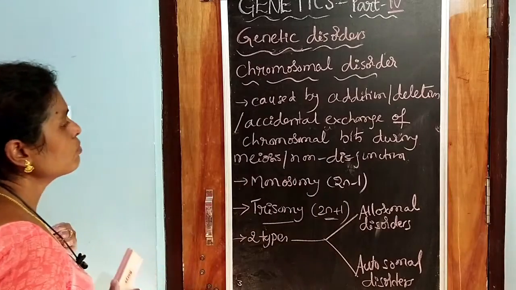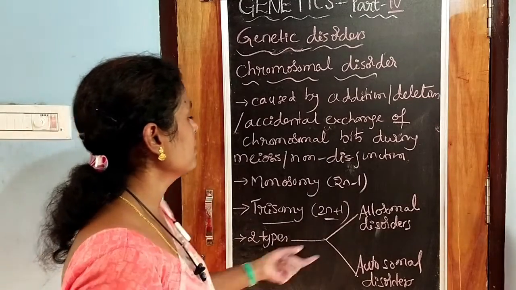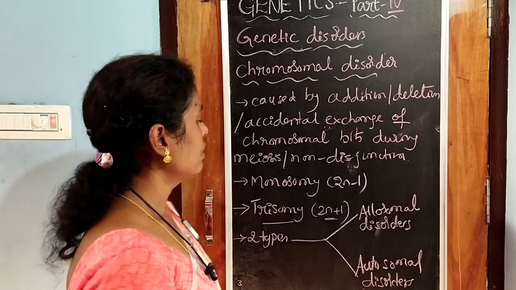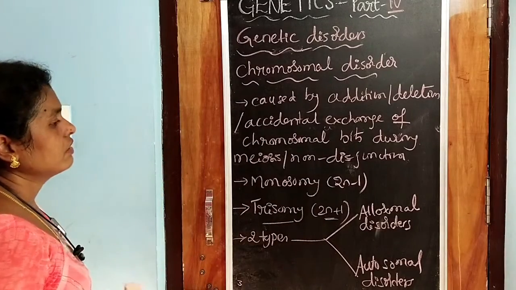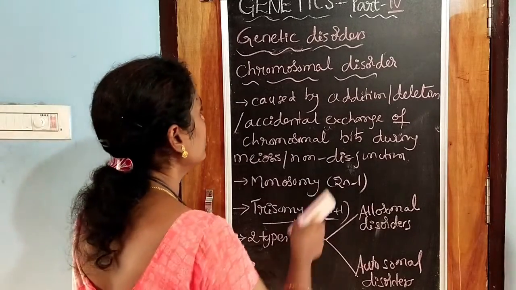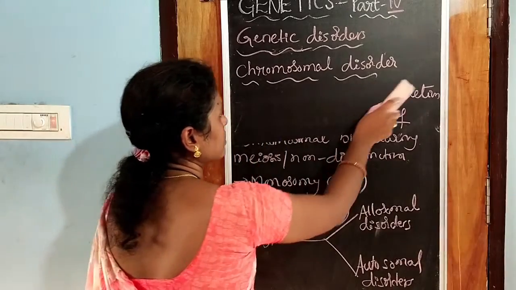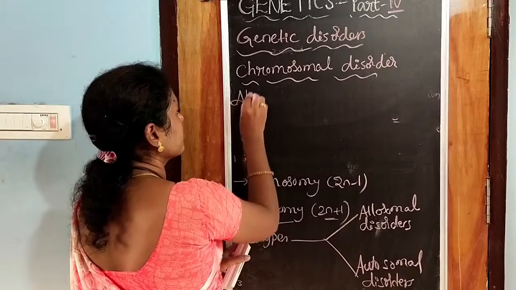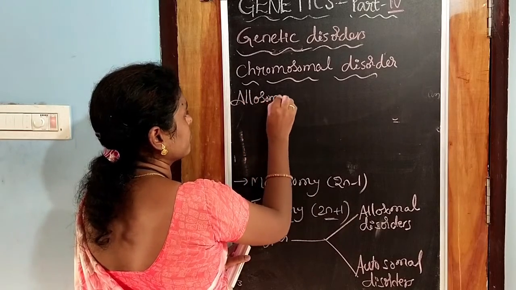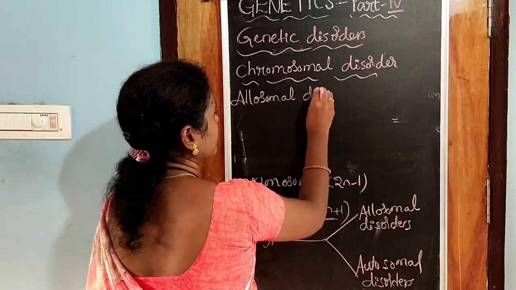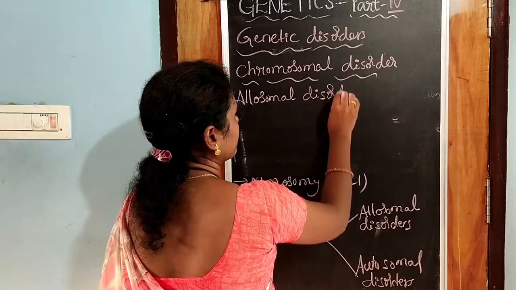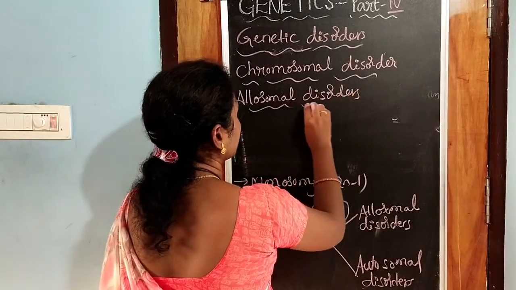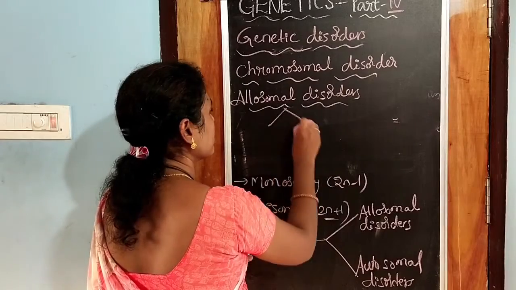So, the chromosomal disorders are classified into two types, allosomal disorders or autosomal disorders. First of all, we discuss the allosomal disorders. These are of two types.